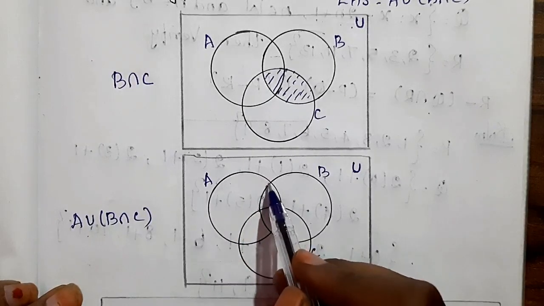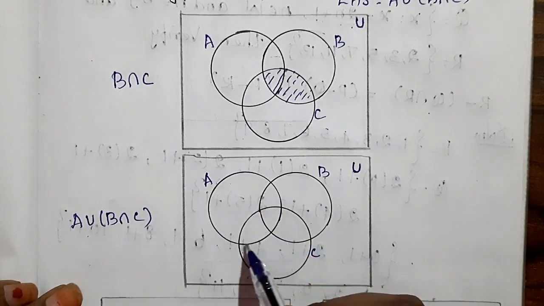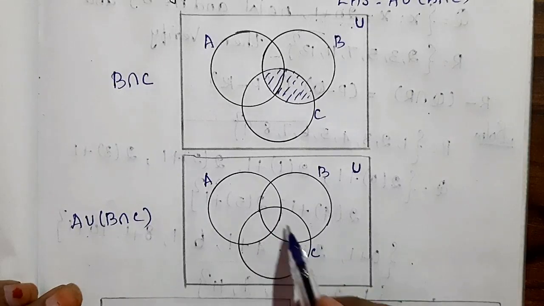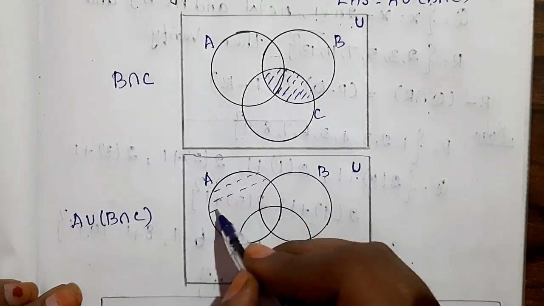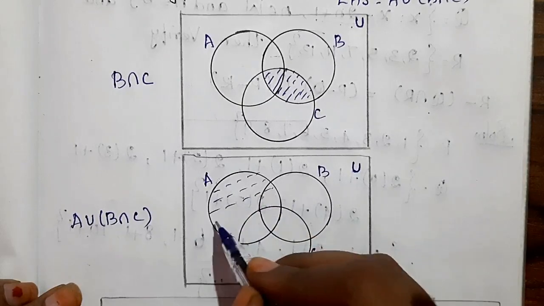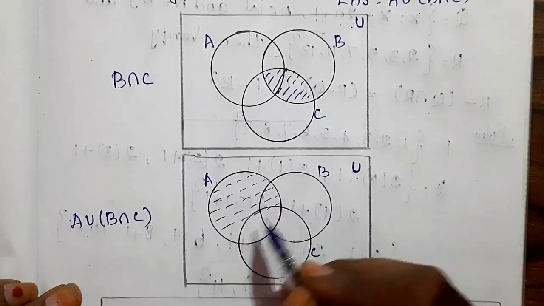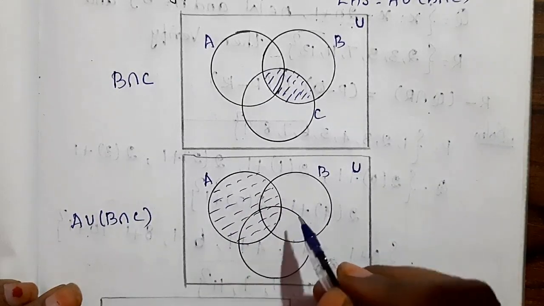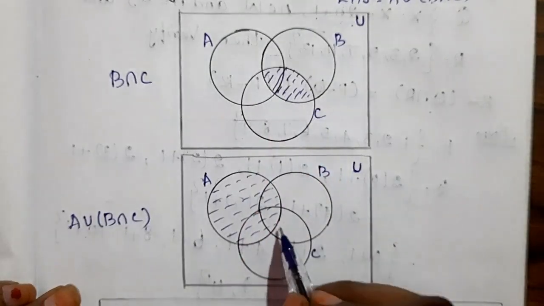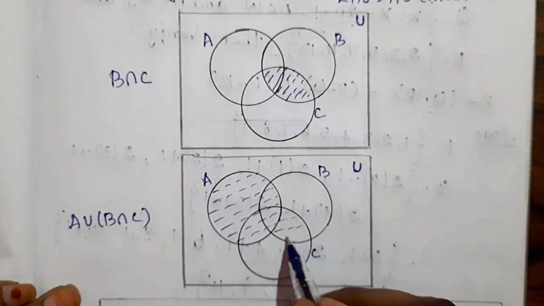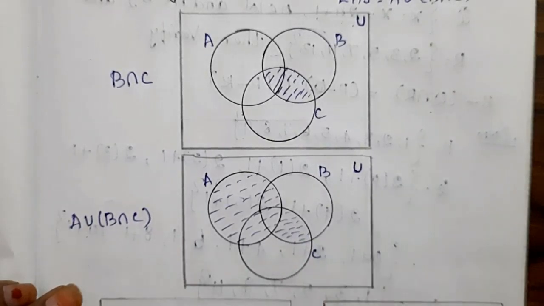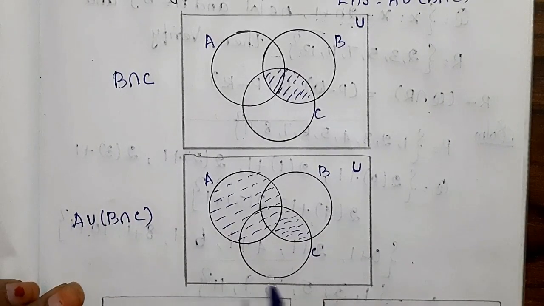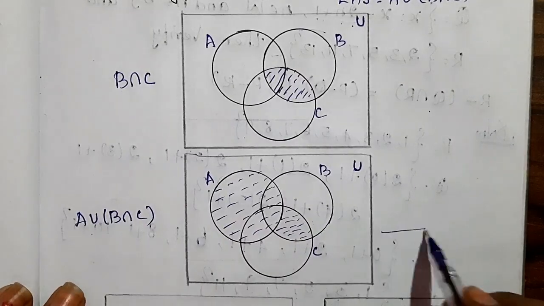This is A. Also we have to shade this part. So first I will shade this A part. Also we have to shade this part. Okay. So this is known as A union B intersection C. So take it as equation number 1.